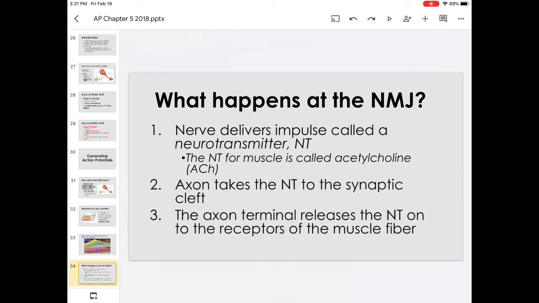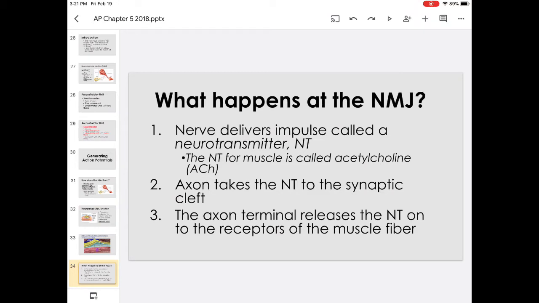So what happens in the neuromuscular junction? When the nerve impulse reaches the end of the axon terminal, a chemical called a neurotransmitter is going to be released. The specific name of the neurotransmitter is acetylcholine, abbreviated with capital A, C, and then lowercase h.